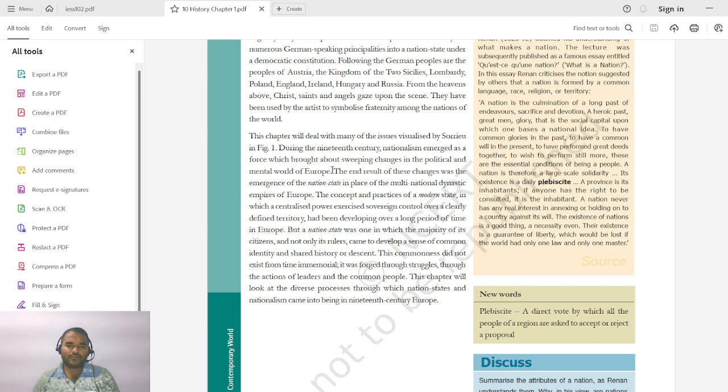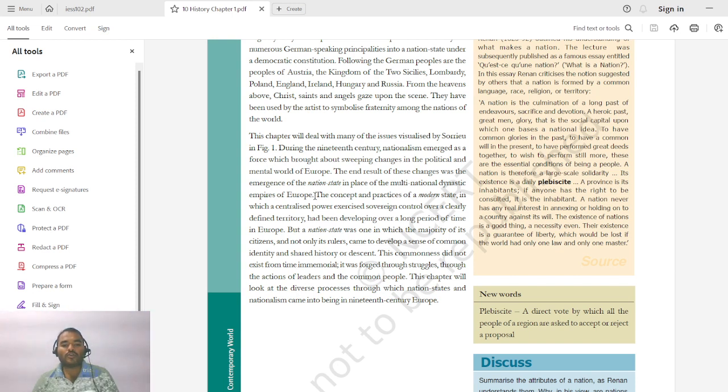The end result of these changes was the emergence of the nation state in place of multinational dynastic empires of Europe. Due to this revolution which spread in Europe, the different kingdoms were abolished. People abolished the local rulers and came together to form a nation.